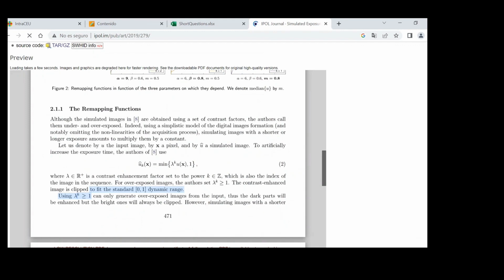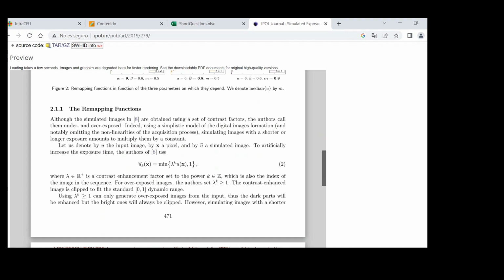U is the input image, and then they compute this transformation: they take the image, multiply by lambda to the k power, and take the minimum between 1 and this thing.